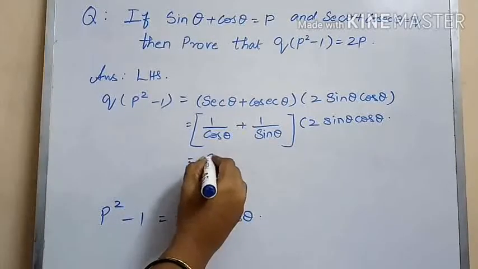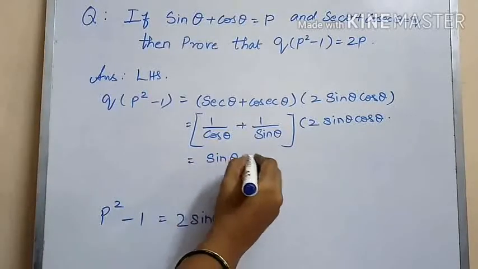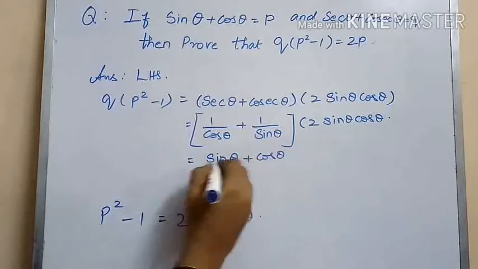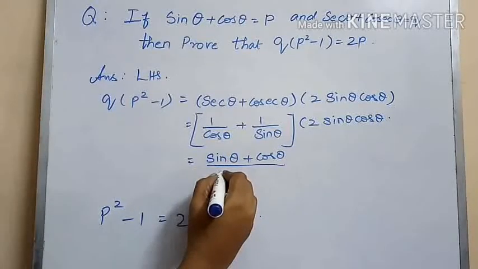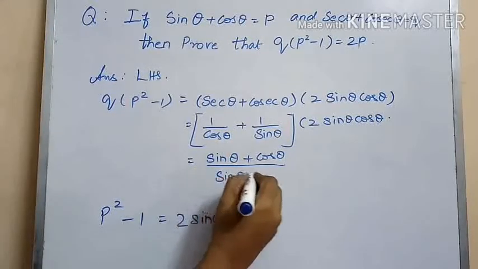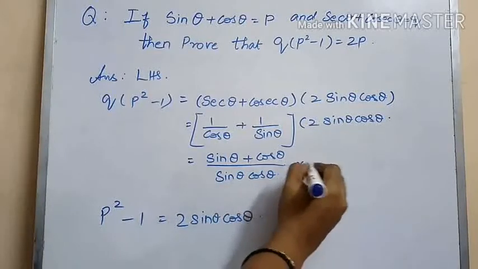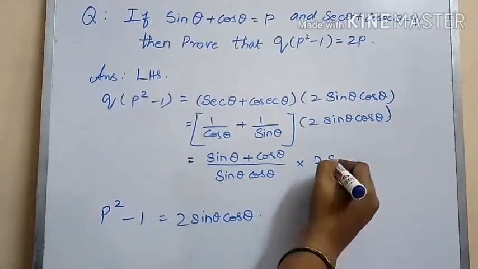Let us take LCM. So we get sin theta plus cos theta by sin theta cos theta into 2 times sin theta cos theta.